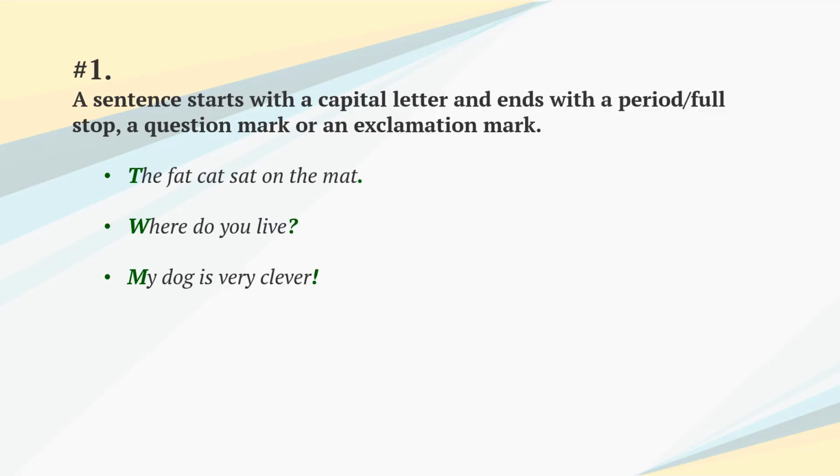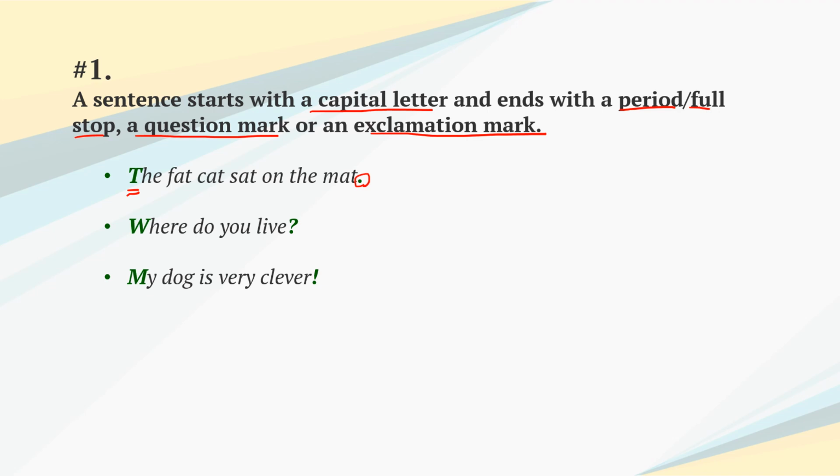The first rule is a sentence starts with a capital letter and ends with a period, full stop, a question mark, or an exclamation mark. The fat cat sat on the mat. So starting with capital T and then ending with a period.